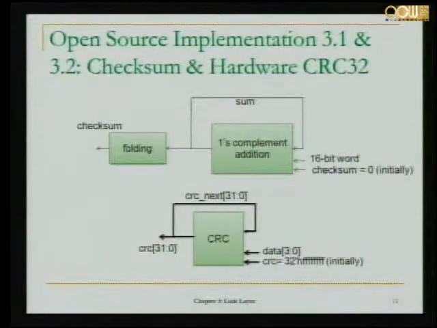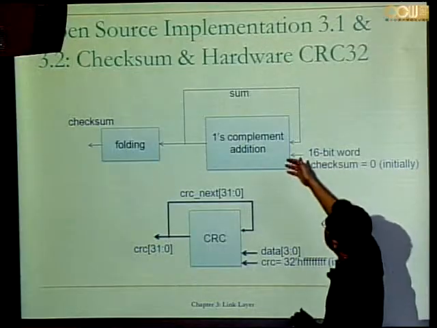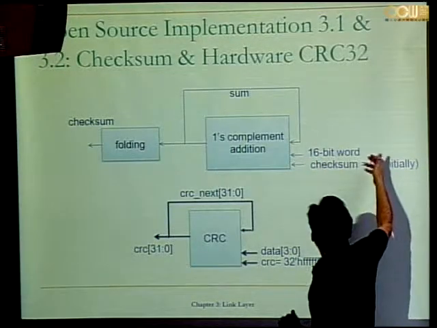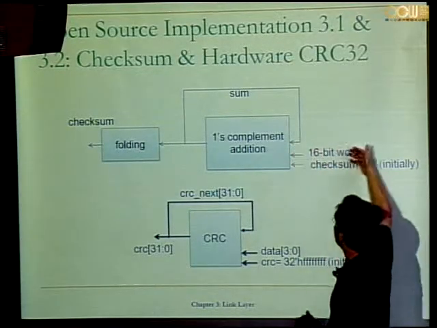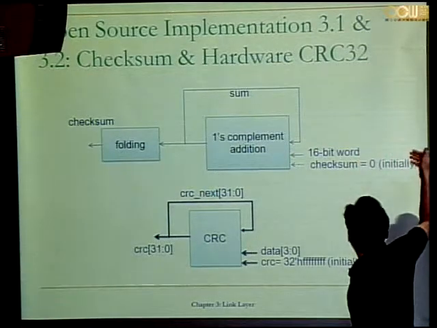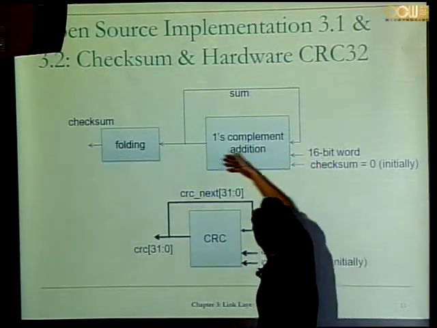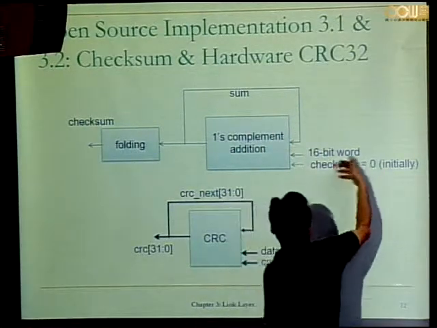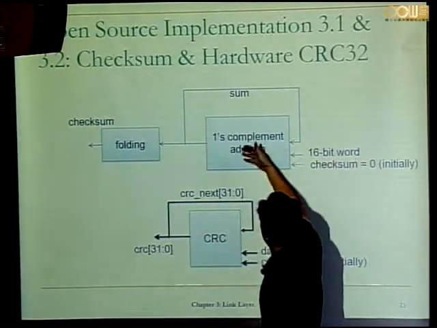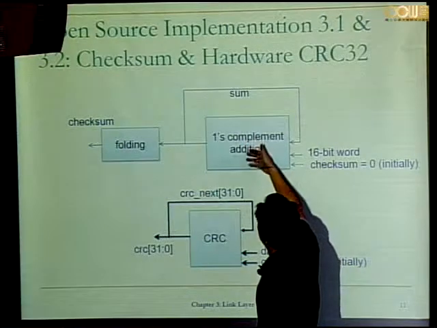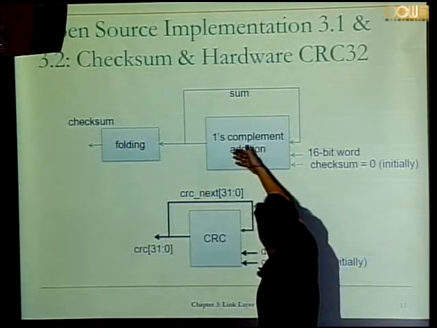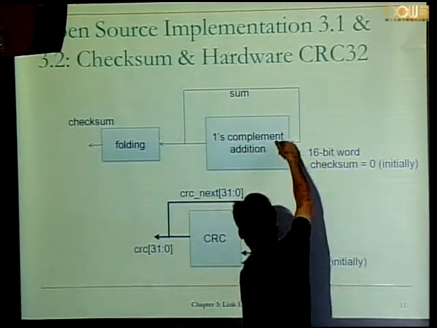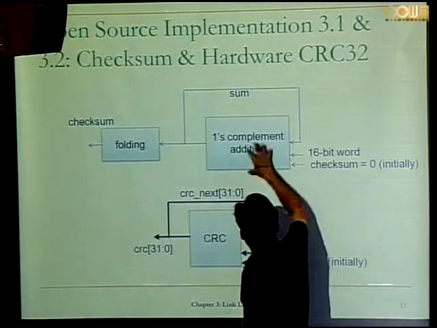Okay, but the architecture, the idea is the same. For checksum, you have the word coming in, and then do the addition together. So the first word comes in and stays here for the second word, which comes and circulates back, and the second word comes in, added together.